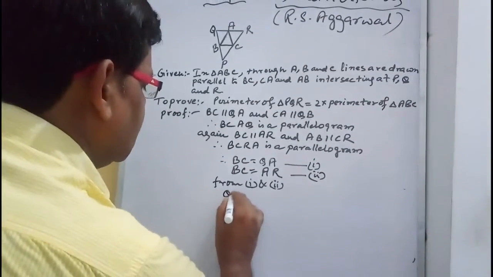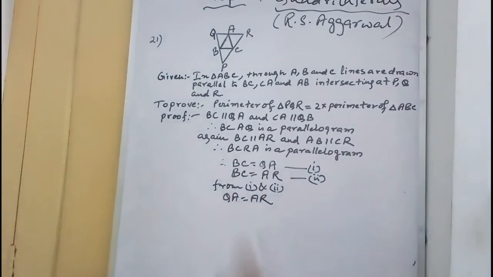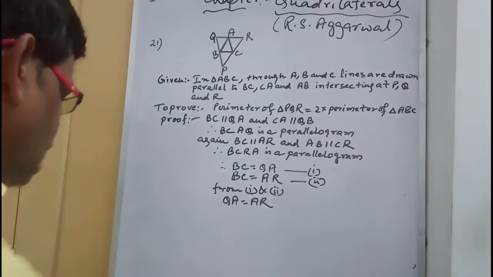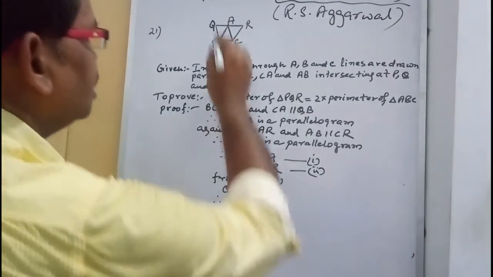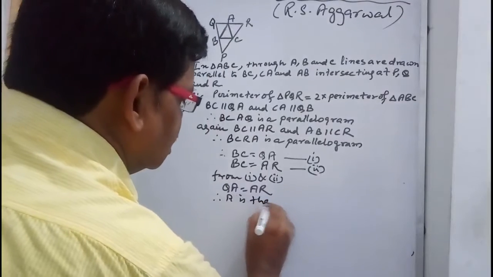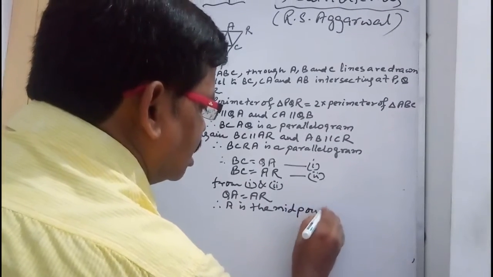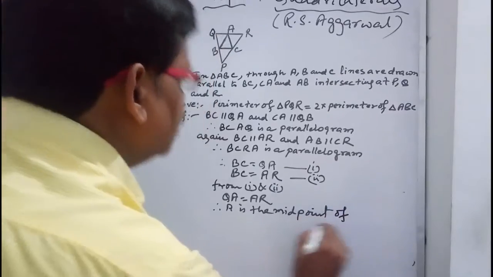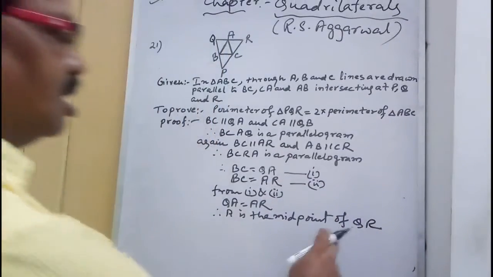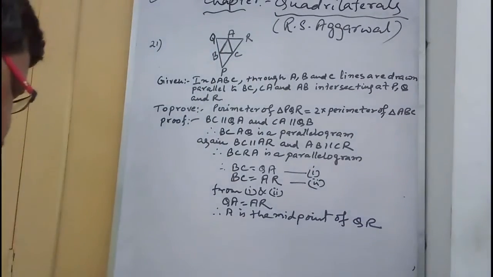Therefore, QA is equal to AR. Therefore, A is the midpoint of QR.